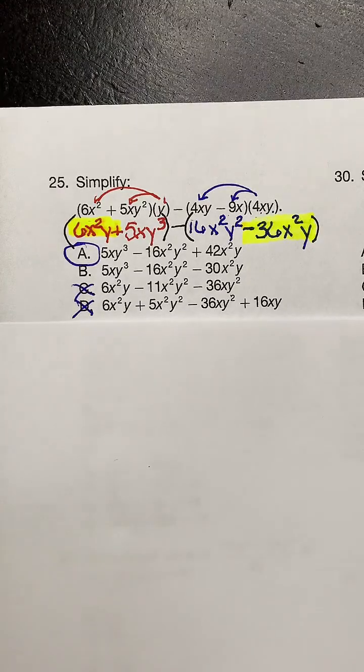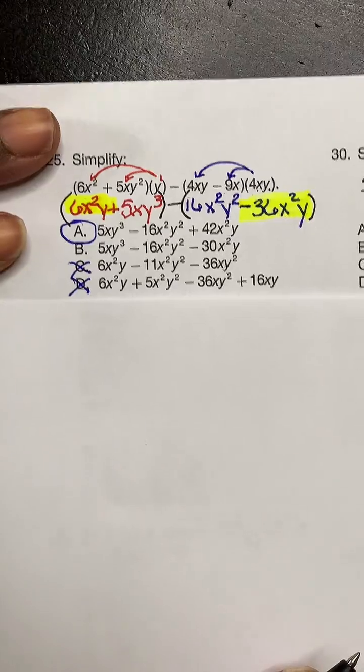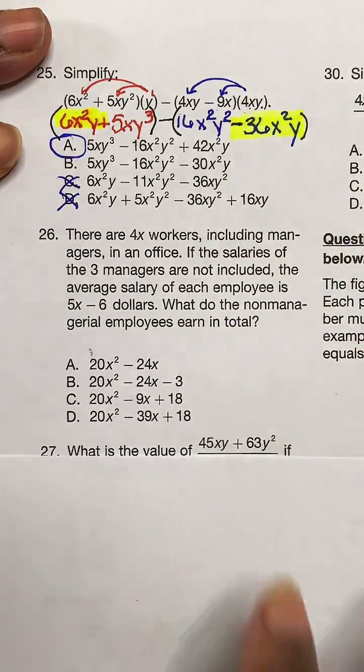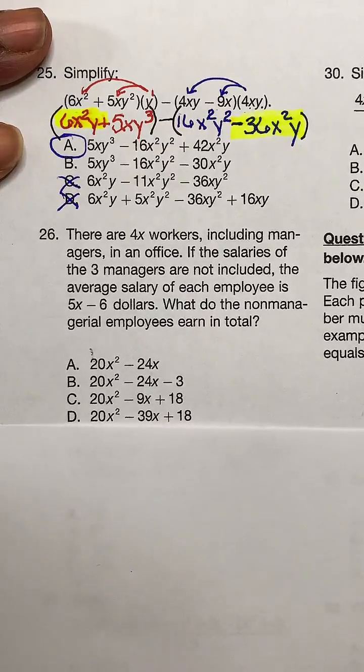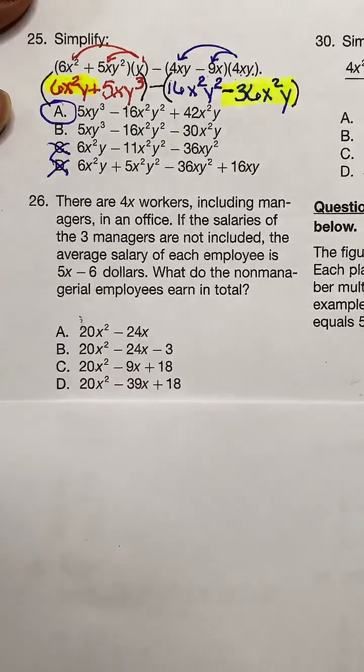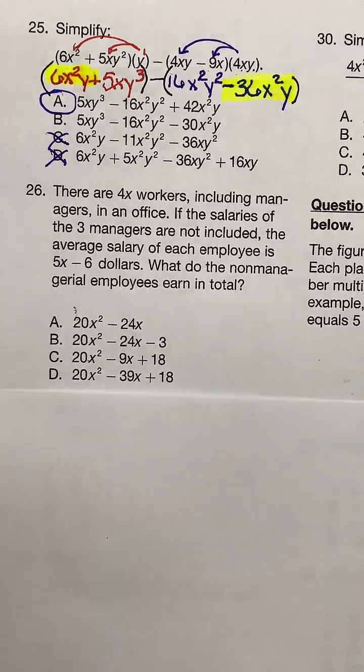We'll be able to get all this stuff down, break it down slowly, because once you get used to it, then we can do it a little bit faster with the progression. All right, so let's take a look at the next one. We've got a nice little novel. There are 4 workers, including managers, in an office.